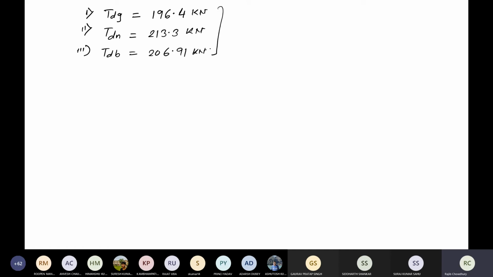So out of all these three, you have to take the minimum one to provide the strength of the angle.